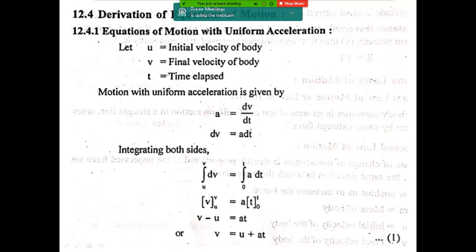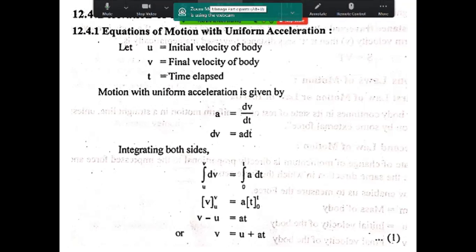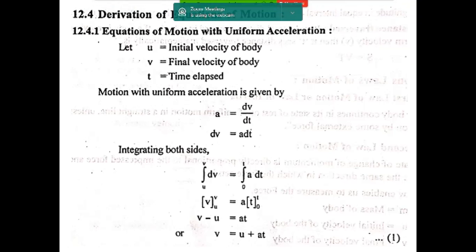Equations of motion, you already referred to, or you already learned these things. I'll repeat once again. Equations of motion with uniform acceleration. Let u be the initial velocity of the body, v be the final velocity of the body, and t the time elapsed.